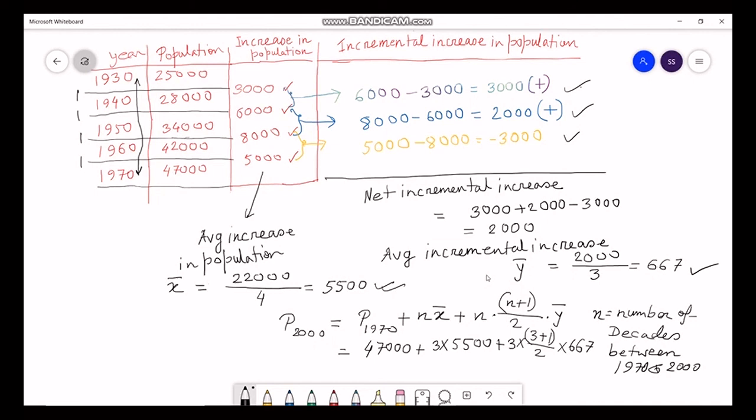So calculating all together, we get the population in 2000 as per the incremental increase method is 67,502.